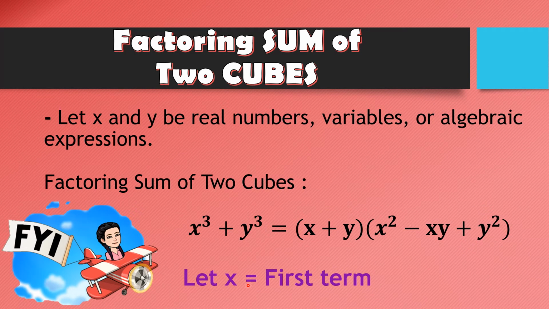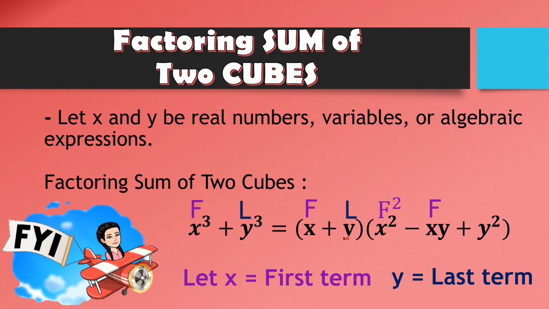So, paano natin yun gagawin? Let x be equal to the base of a power of 3 ng ating first term. And then after nyan, kapag alam na natin ang ating x, isa-substitute na lang natin siya sa mga x. Then, let y be the base of a power of 3 ng ating last term. Then, substitute natin yan sa ating factored form.